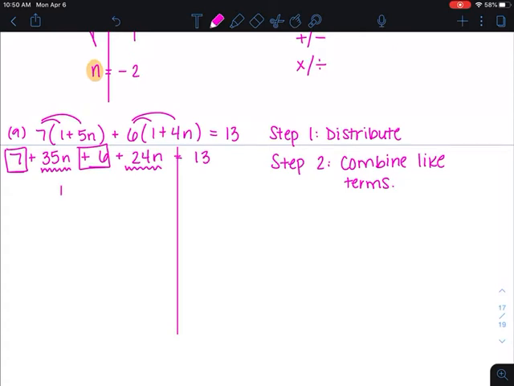So for this part, I have 7 plus 6, and 7 plus 6 is 13, plus, and then here I have 35n plus 24n. 35 plus 24 is 59n equals 13.